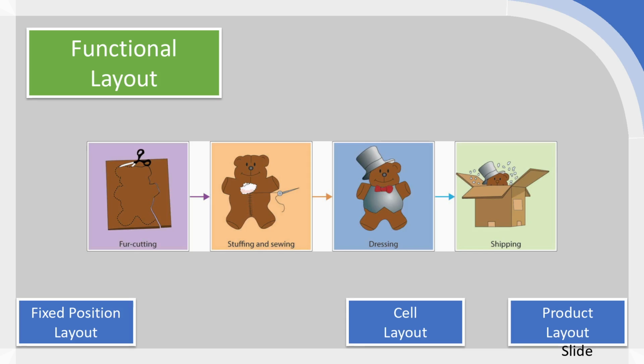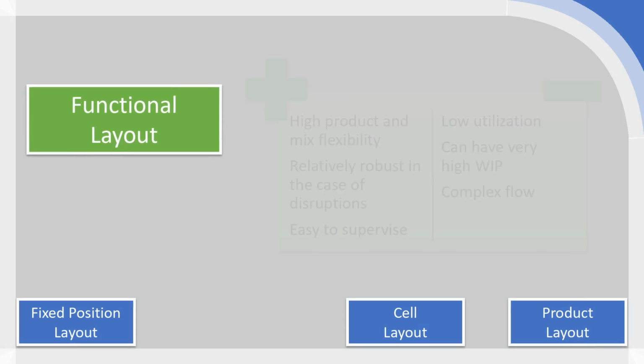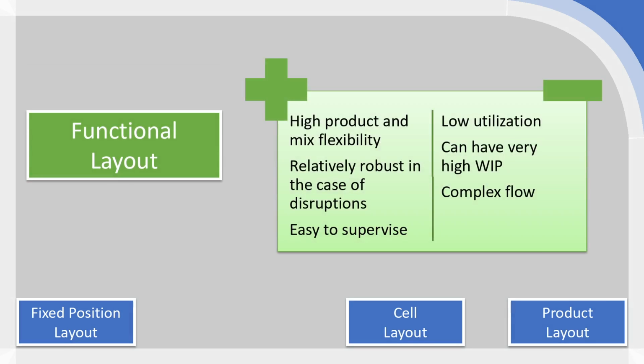But as with everything, there are downsides or drawbacks as well. So we see those benefits as easy to supervise and assign, relatively robust in terms of disruption. So if you have an issue with shipping, or you have an issue with the dressing of the teddy bears, it doesn't necessarily impact directly some of the other grouped activities, but we have other issues as well.